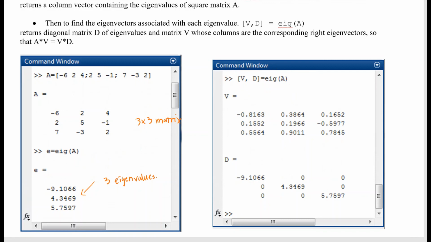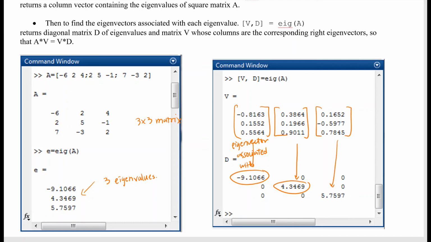You get V. So this is the eigenvector associated with this eigenvalue, and this vector associated with this eigenvalue, and this vector associated with this eigenvalue. So far, so good, everybody.